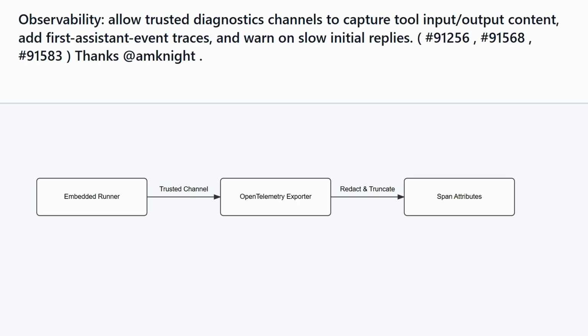The OpenTelemetry exporter reads this private data, applies redaction and truncation at 128 kilobytes, and populates OpenClaw.content.toolInput and OpenClaw.content.toolOutput span attributes. Raw tool content never reaches the public diagnostic event bus. Tests confirm the producer and consumer work together correctly.